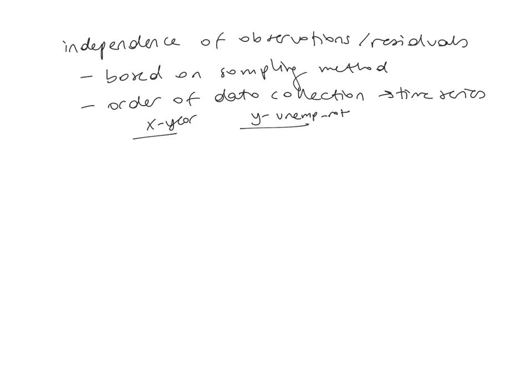In 1990, unemployment rate was blah. In 1991, it was blah, so on and so forth, all the way to 2016. If unemployment rate in one year is dependent on the previous year, then you don't have independent data anymore. So this condition is violated.